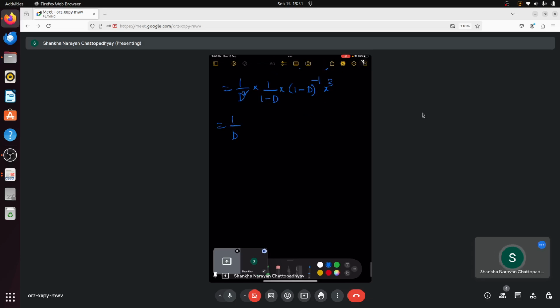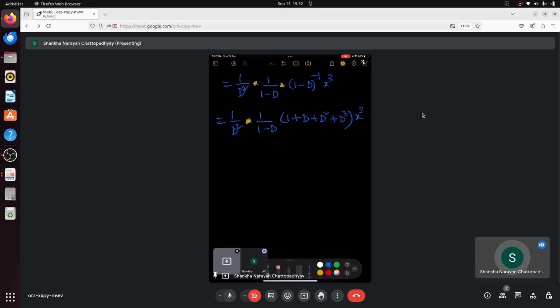Now we use 1 minus d to the power minus 1 and the Taylor series, only up to 3 terms.